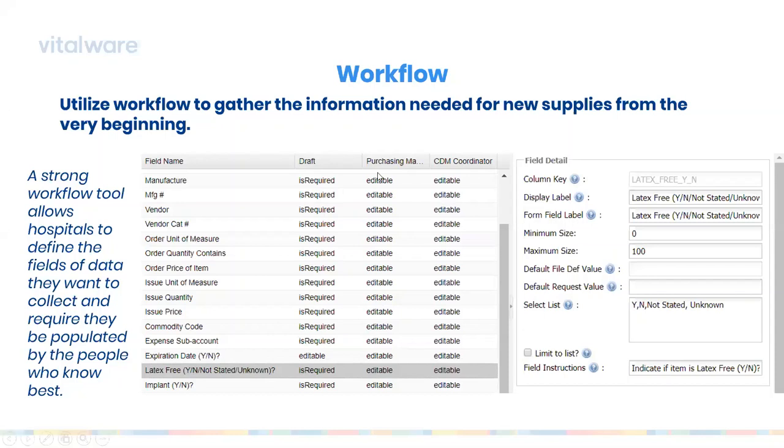And we have, you can see each of the areas. This one is going from a requester to the purchasing manager to the CDM coordinator. And we're asking the requester to fill out all of these required fields. If they happen to know if there's an expiration date, great, that's an editable field, so they can add the information, but it's not necessarily required.